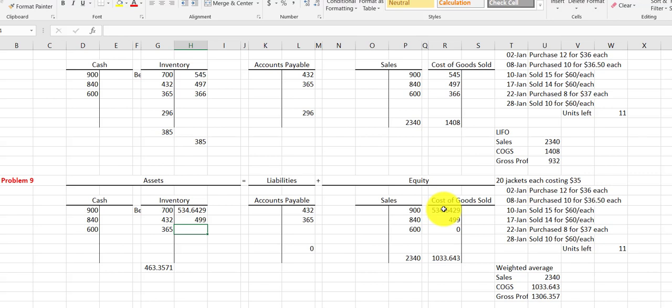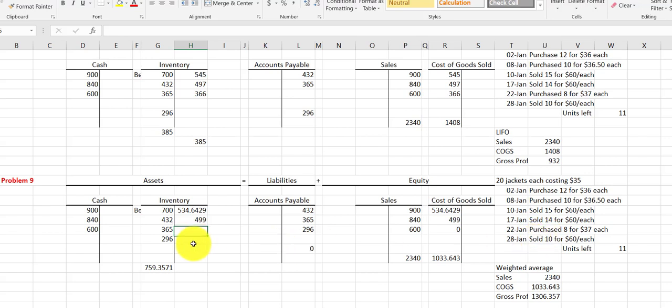So we can use exactly the same calculation again. Now we put in our last purchase. Okay. Now, then we're going to sell again.